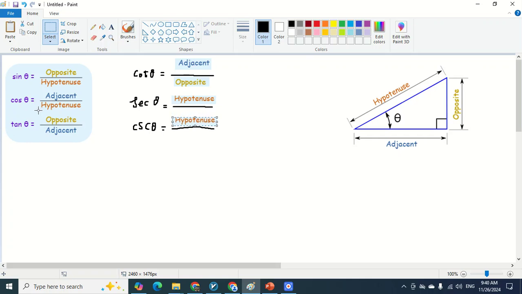For the secant of theta, we divide the hypotenuse by the adjacent, and for the cosecant of theta, we divide that value by the opposite. By using this type of definition, we have these trigonometric values.